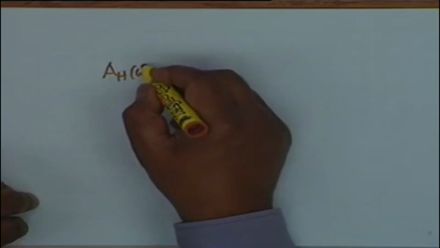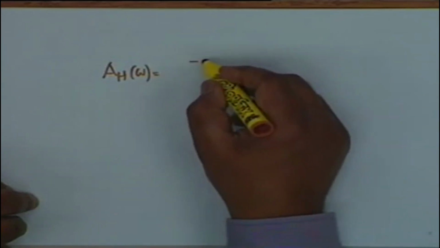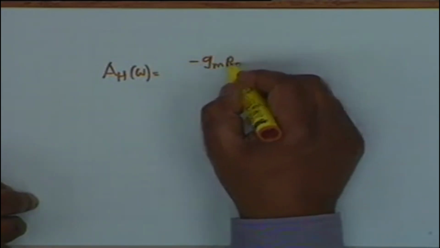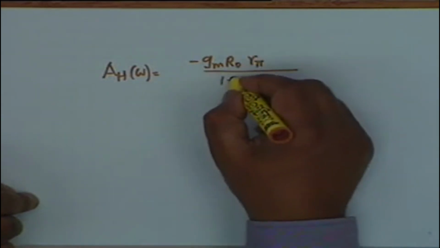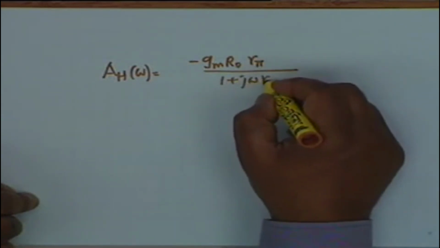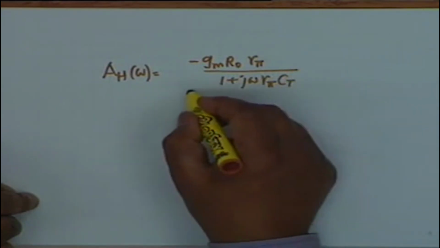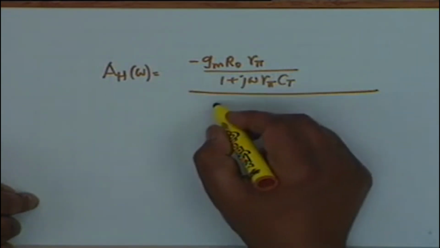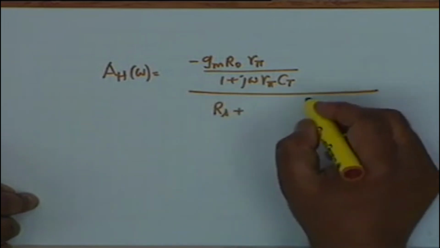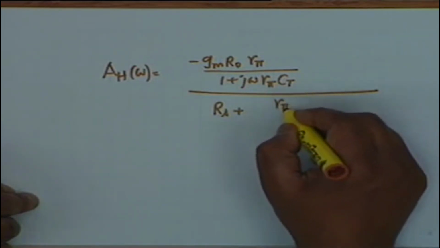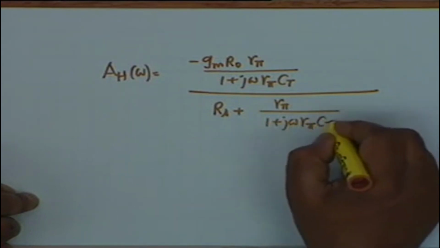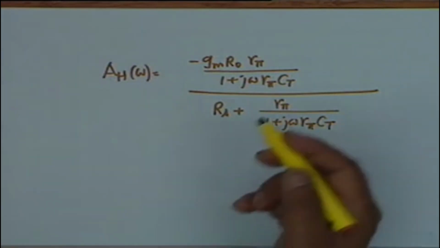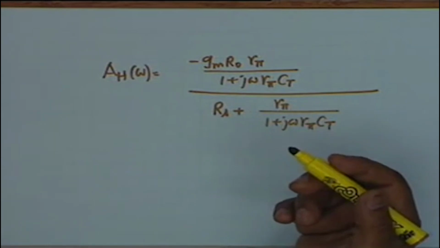AH omega becomes equal to minus GM R naught R pi divided by 1 plus j omega R pi Ct, divided by Rs plus R pi divided by 1 plus j omega R pi Ct. I have simply substituted for ZT.